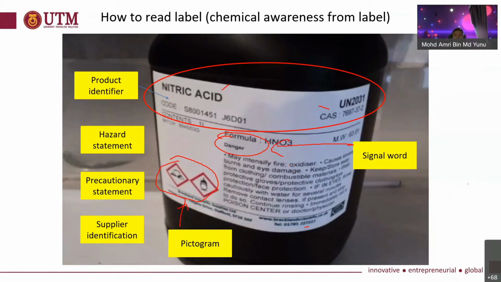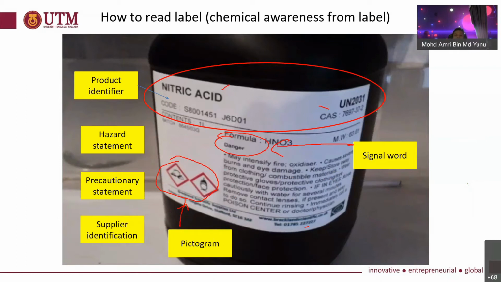Oxidizer may promote fire, I think it's like a fire catalyzer or something. And then there is the precautionary statement. Keep away from clothing, combustible material, wear protective equipment, if in eyes, okay. And then the pictogram shows the meaning of the hazard. We will look into that.